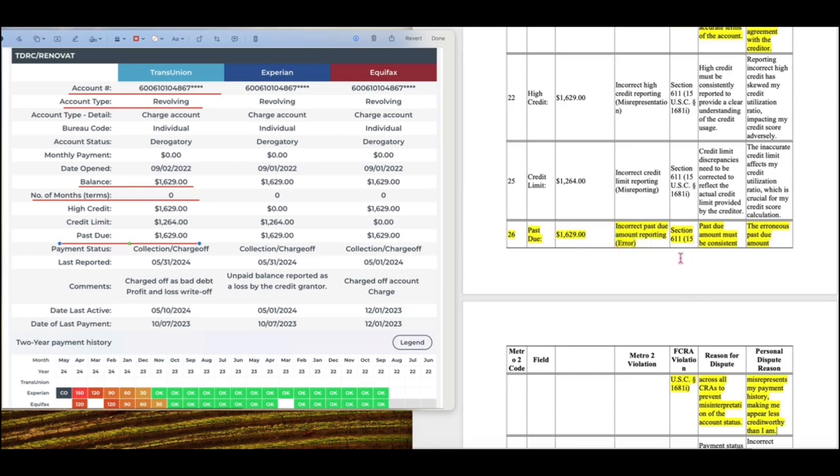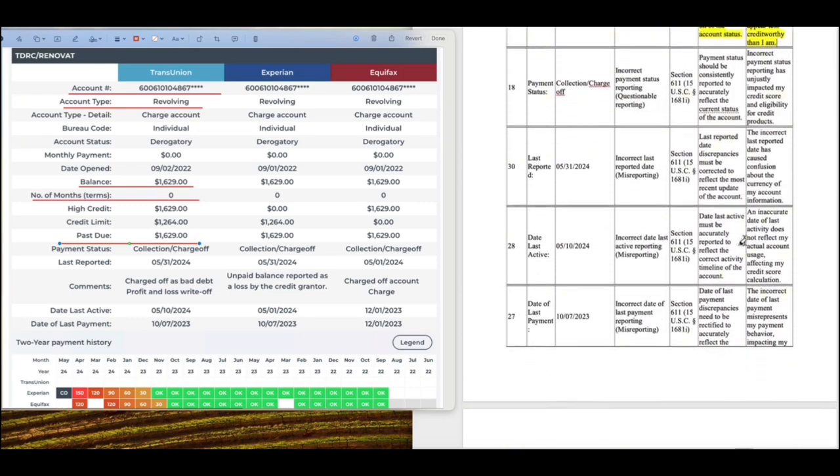And then there's the Fair Credit Reporting Act code again. Past due amount must be consistent across all CRAs to prevent misinterpretation of the account status. The erroneous past due amount misrepresents my payment history, making me appear less creditworthy than I am. So that's also a good one.